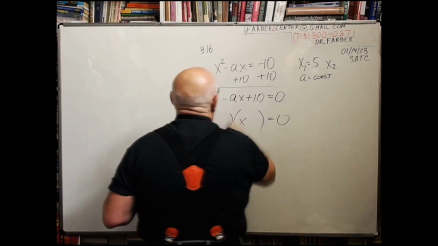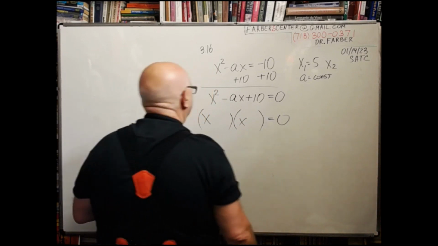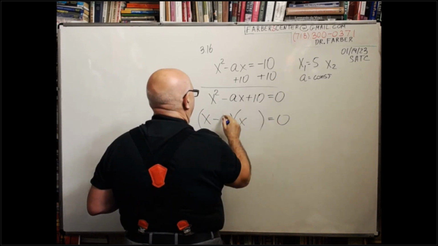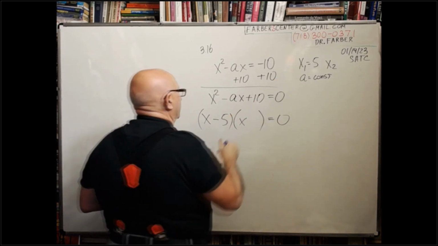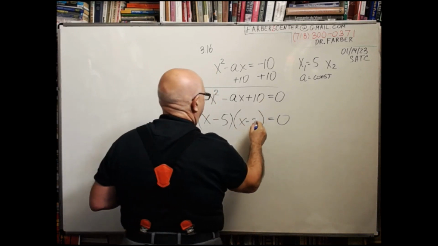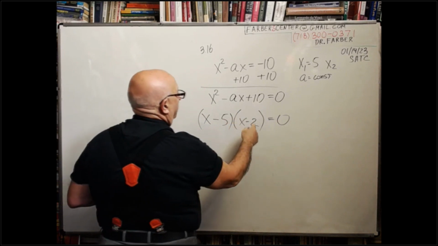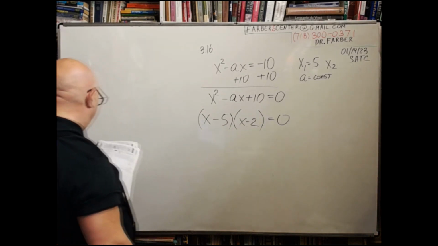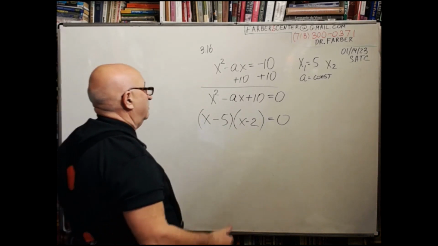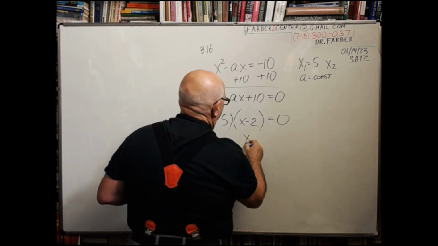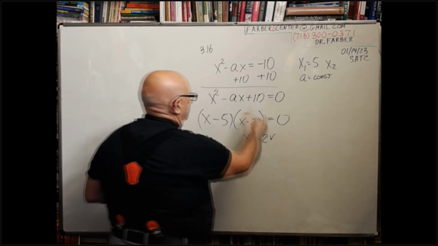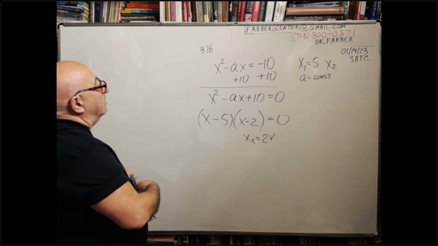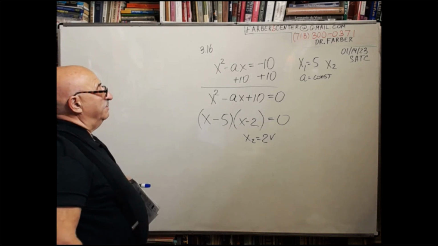And the sum is supposed to be a. If one root is 5, the second, in order to get 10, is supposed to be 2. How to check? 5 times 2 equals 10. Good, we know everything about this. And what is the question? So x2 equals 2. Otherwise, it's not going to equal 0. So again, normalize this quadratic equation and factorize by Vieta's theorem.